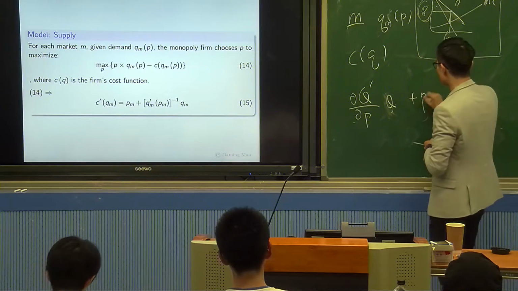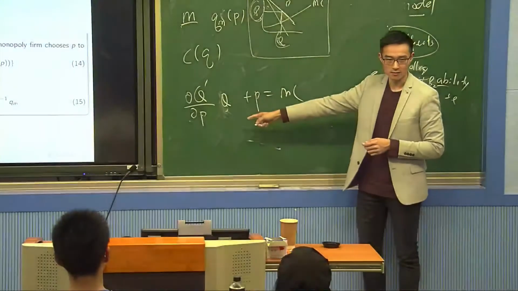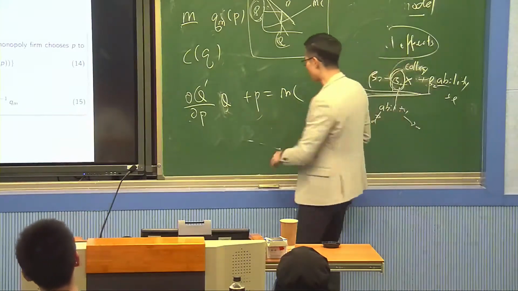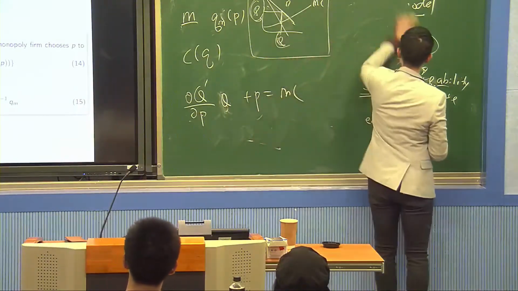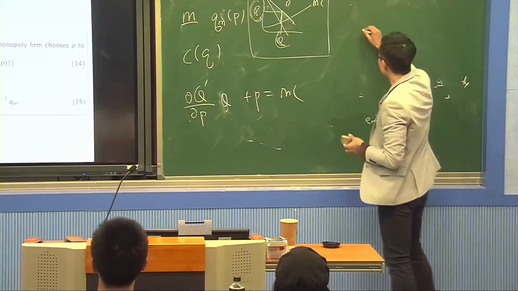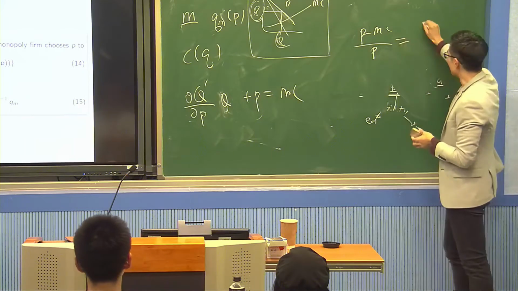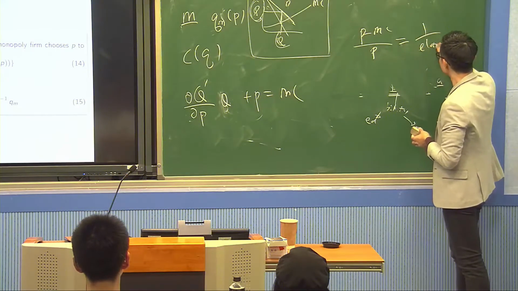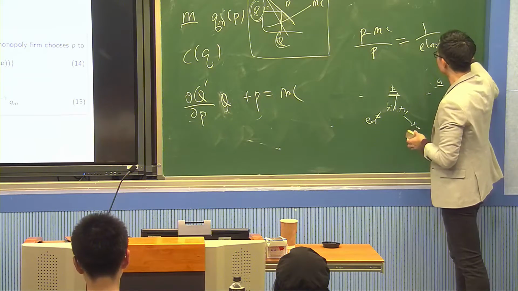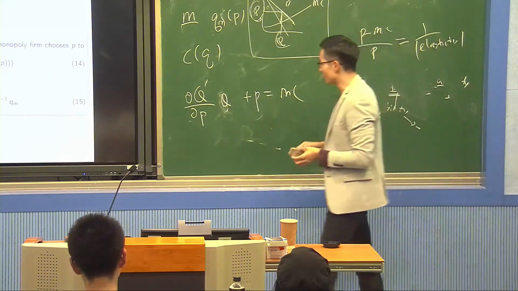Plus P is equal to my marginal cost, right? So this is the monopoly pricing formula. Actually, another way to write it is (P minus MC) divided by P is 1 over the demand elasticity, right? This is the Lerner index, okay? People familiar with that.